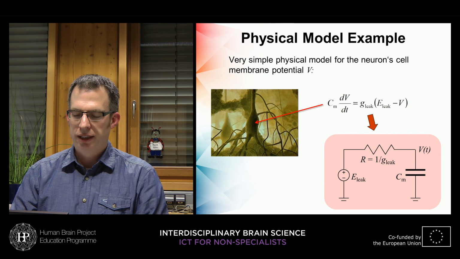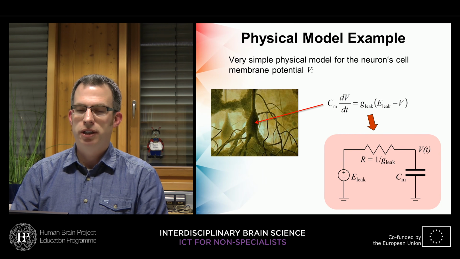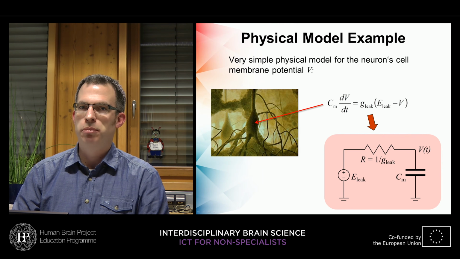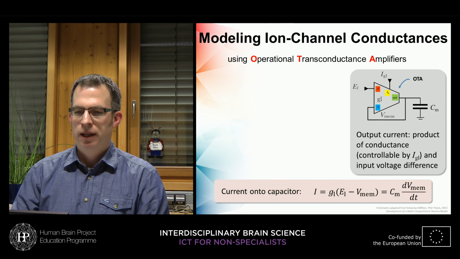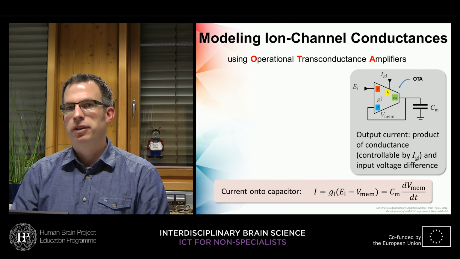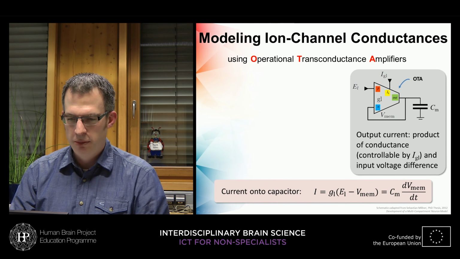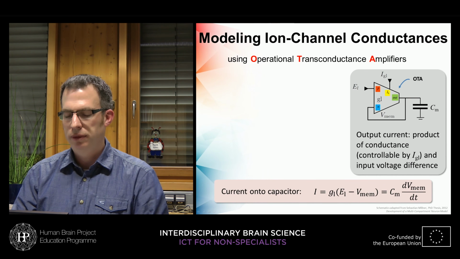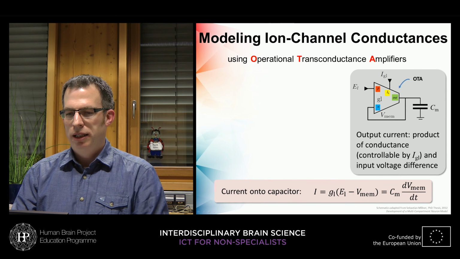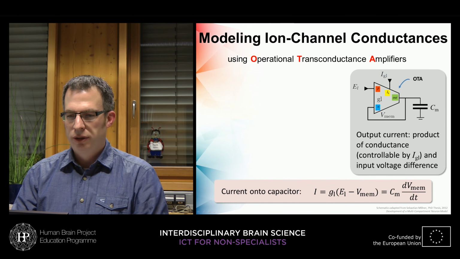And this circuit can be realized by using a special amplifier circuit. It's not the operational amplifier, but it's the operational transconductance amplifier. It's quite similar to the usual op-amp. And this is used for modeling ion channel conductances in our systems.